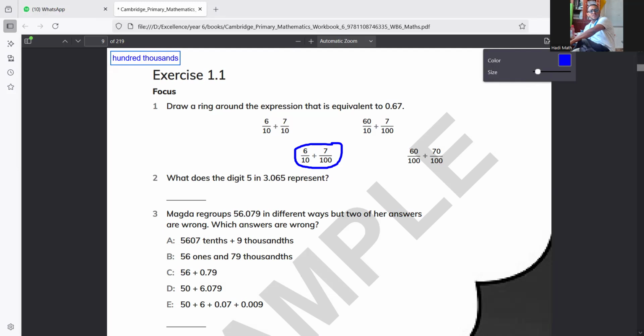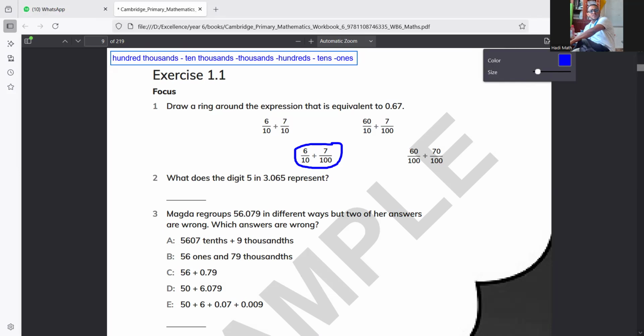It's 100,000. Then you got 10,000. Then after 10,000, you have thousands. Then we have hundreds. Then we have tens. Then we have ones.